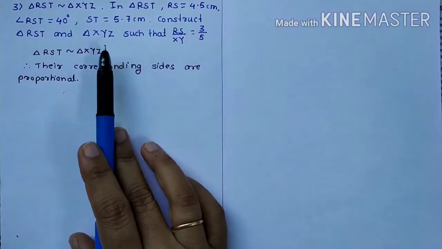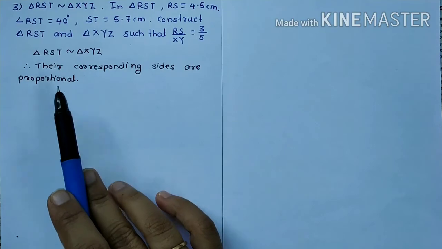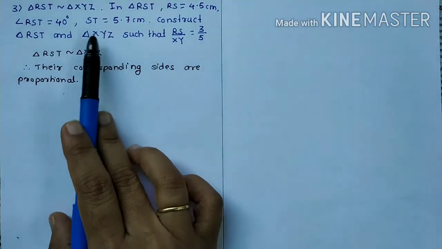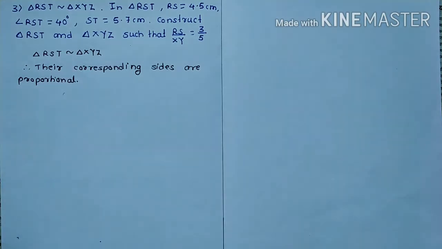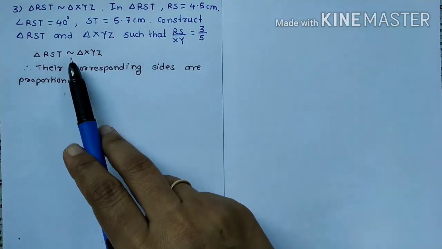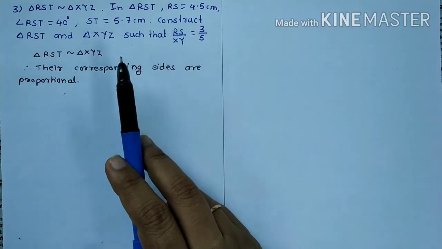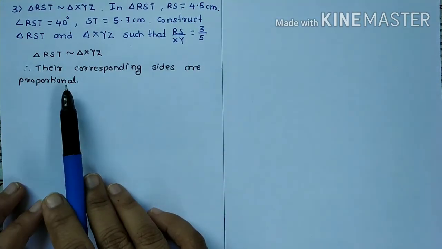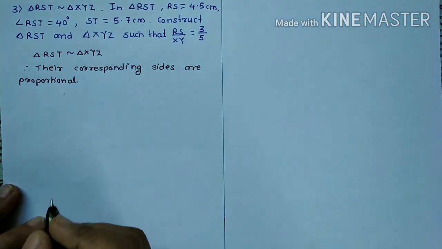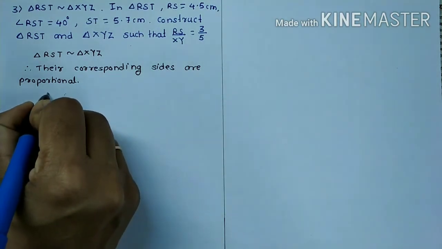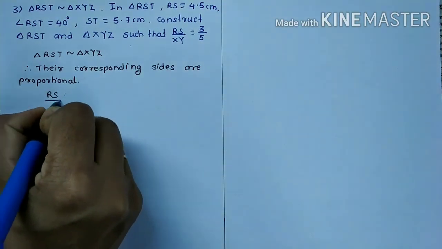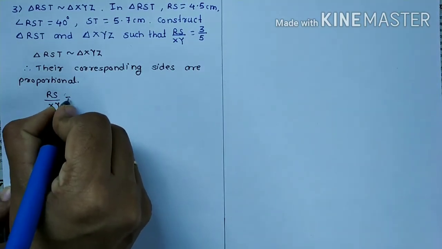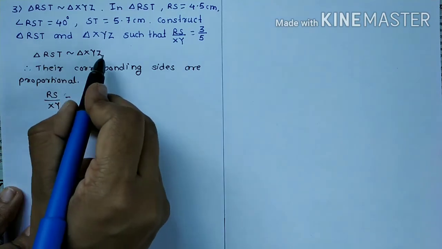By using given information, we have to find length of sides of this triangle. Okay. Triangle RST similar to triangle XYZ. Therefore their corresponding sides are proportional. Therefore we can write RS upon XY equal to ST upon YZ.